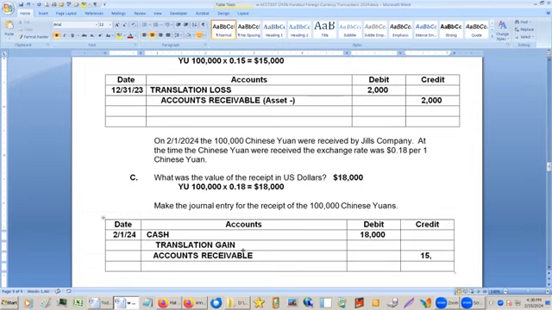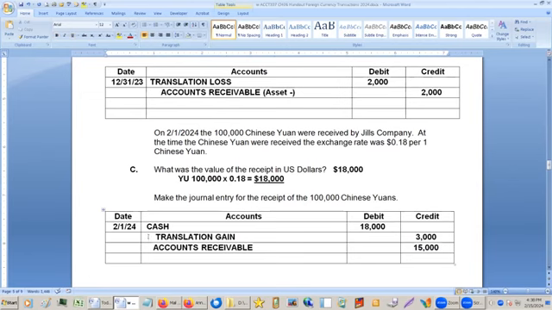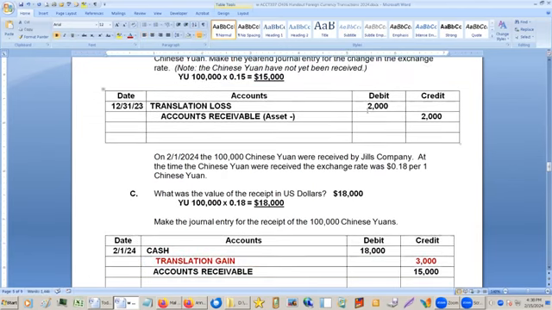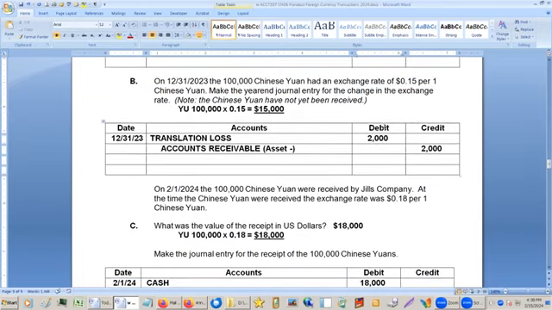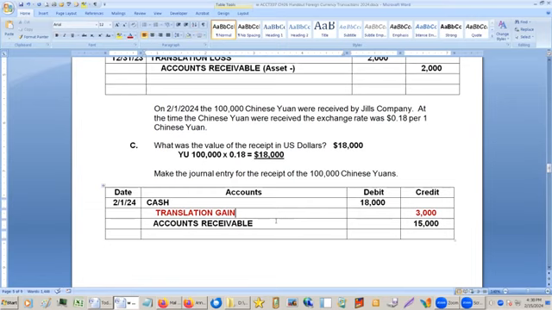If you think about it, between the year end and when they paid us, we should recognize the gain when it happened, in 2024. So we were right to recognize the loss because the loss happened in 2023, but then this gain on the currency happened in 2024.